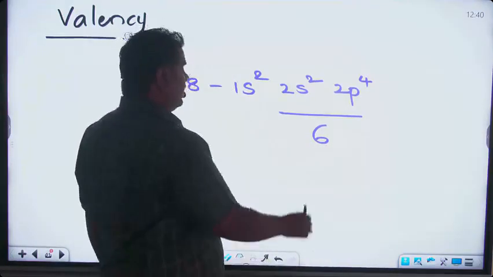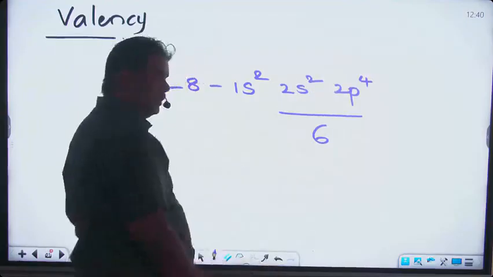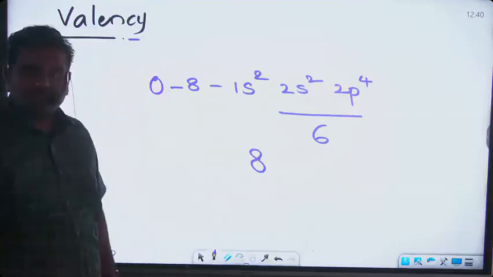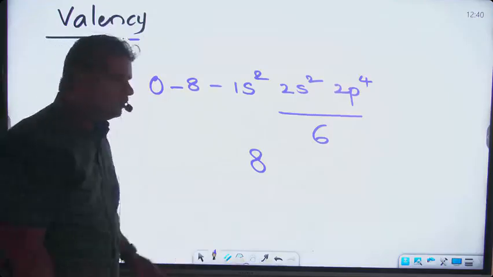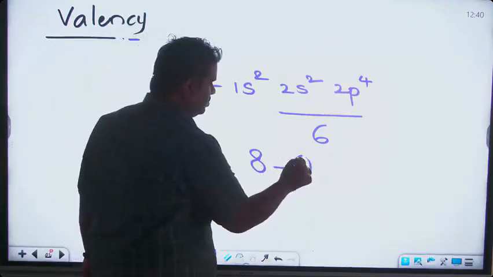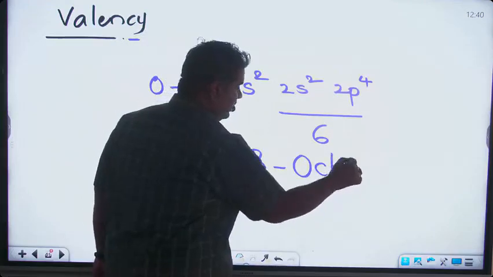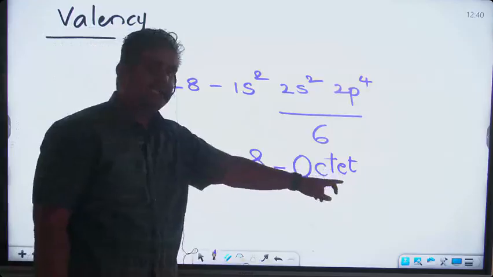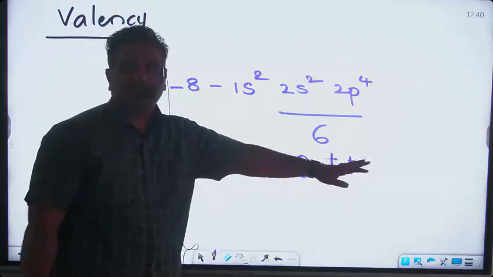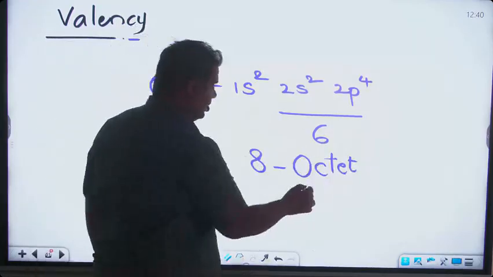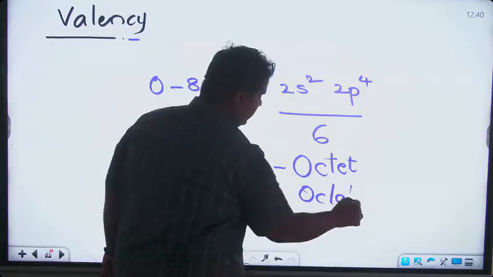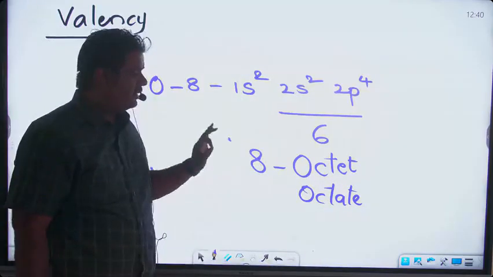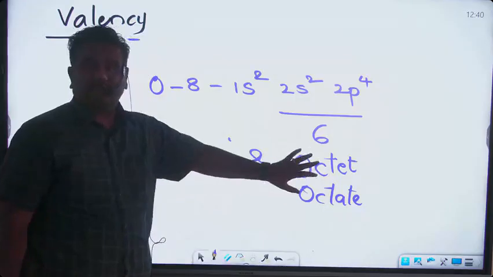Suppose any particular atom has 8 electrons in the last orbit. The presence of 8 electrons in the last orbit is known as octet configuration. Some people write it one way, some another, both are correct. The presence of 8 electrons in the outermost orbit is known as octet configuration.